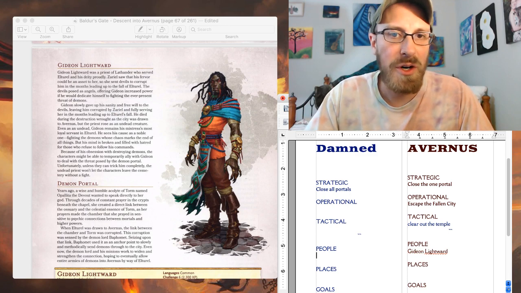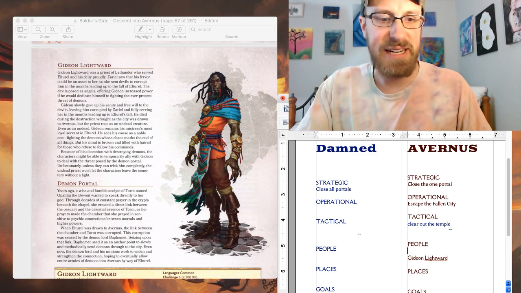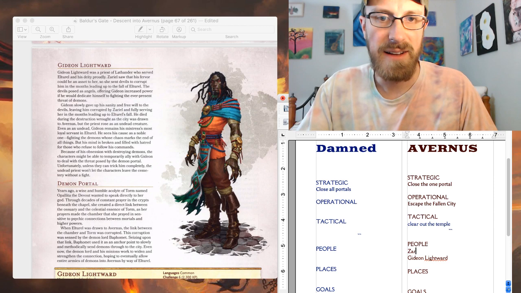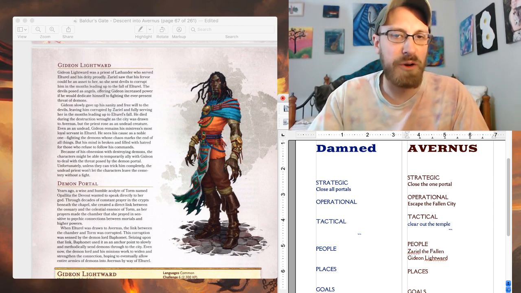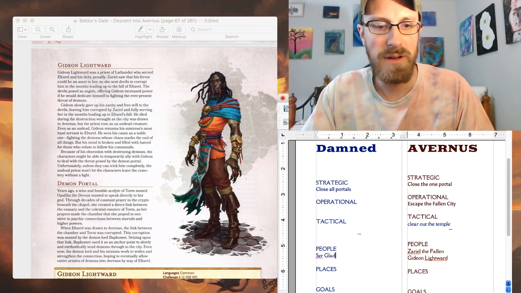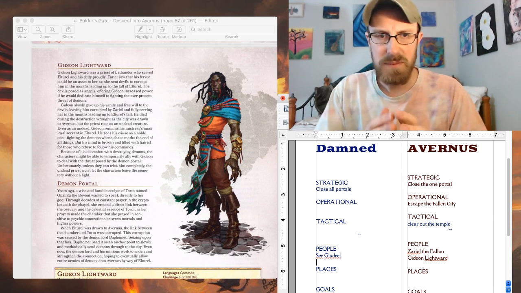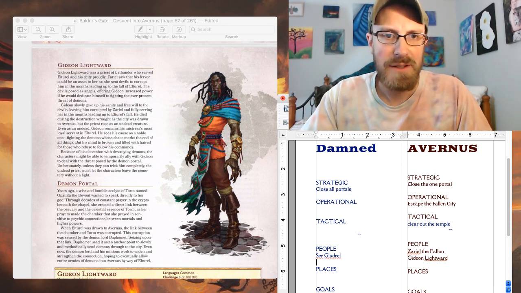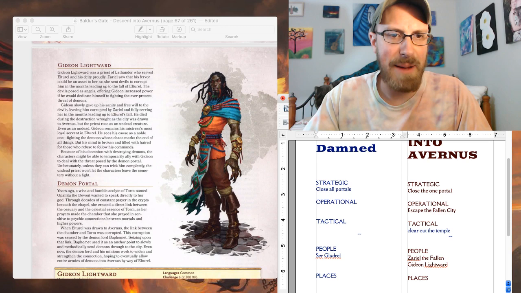So over here, the main focus, I guess, of Avernus is going to be Zariel, right? The angel, the fallen. And here, the sort of equivalent of that is going to be Sir Gladriel. So some other people that are in our campaign are our PCs, right?